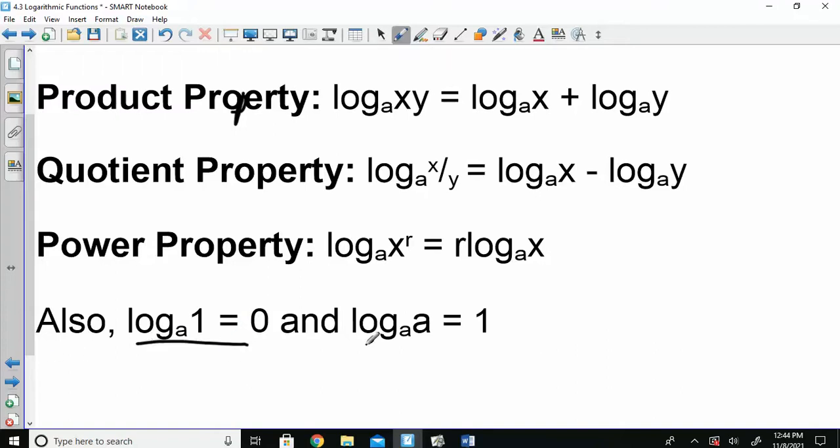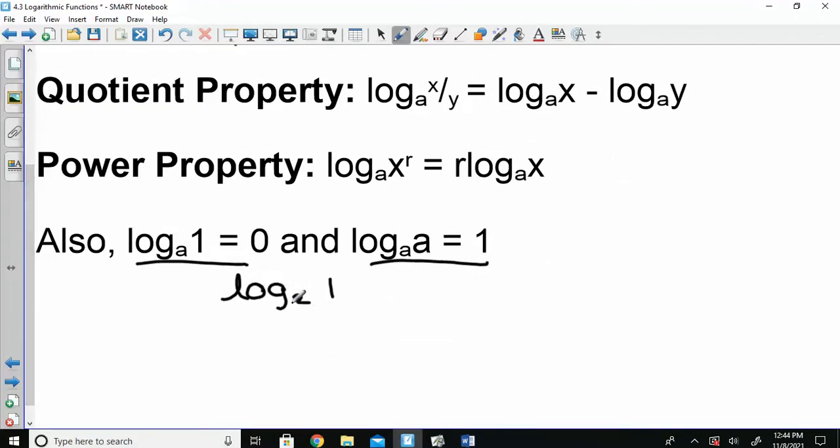The other two things down here, they don't necessarily have a name. These are just some properties. But it has to do with, just like we talked about, what a log meant. Log base A of 1 equals 0. If I said log base 2 of 1, we talked about Friday how that means 2 to what power equals 1?